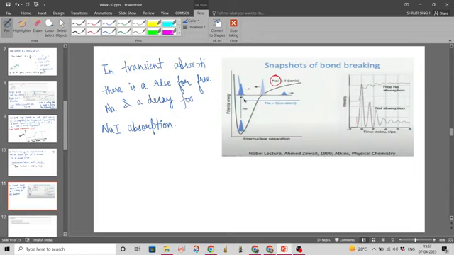So this is what they got from the transient absorption.